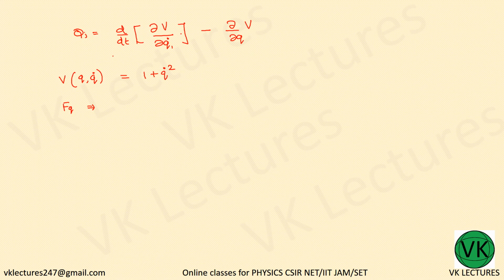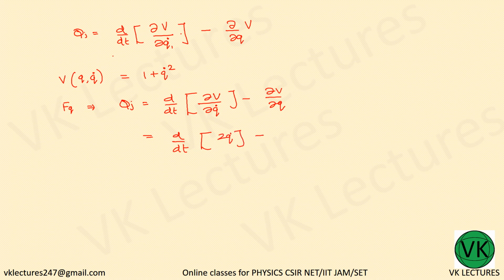So Qj is equal to the total time derivative of dou V by dou q dot minus dou V by dou q. Now this is equal to d by dt of dou V by dou q dot, which is 2q dot, minus dou V by dou q, which is 0.